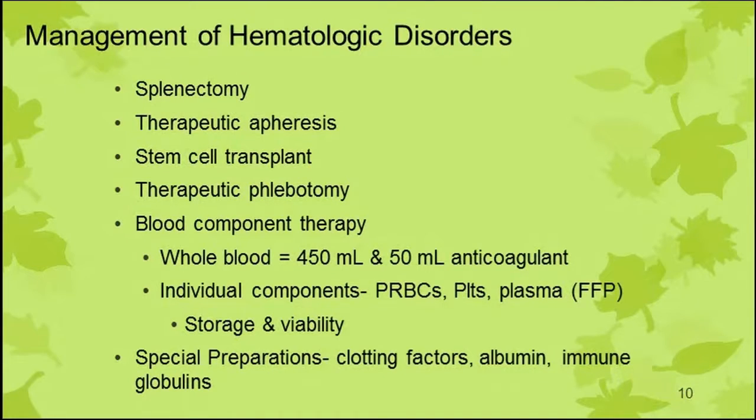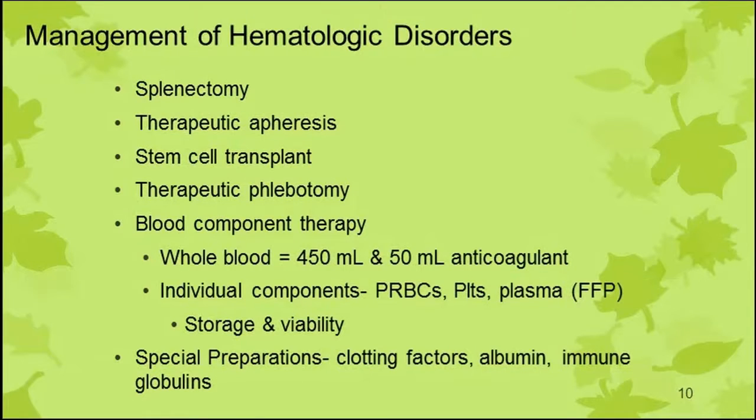So don't get caught up in all of this. The only thing that I'm definitely wanting you to know about in terms of storage is red cells. Packed cells have to be kept refrigerated. They cannot be out of the refrigerator longer than 30 minutes. So we're going to talk about this again in a minute when we get into administration. But platelets have to be at room temperature.